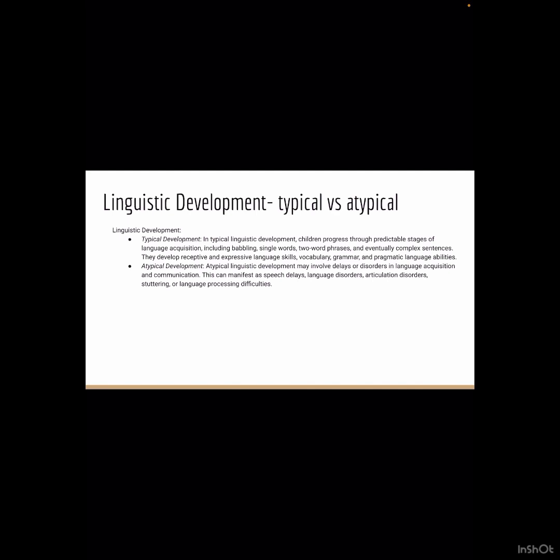However, atypical development looks like having delays or disorders in language acquisition and communication. So this may be like speech delays, language disorders, articulation, stuttering, or just language processing difficulties, right?